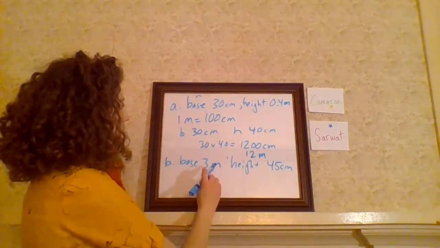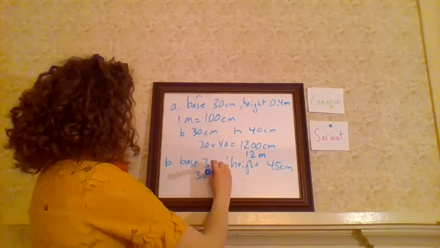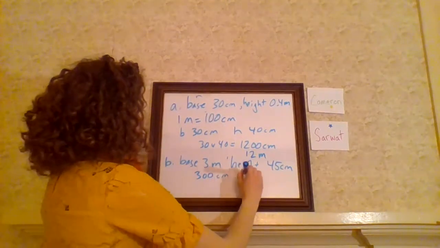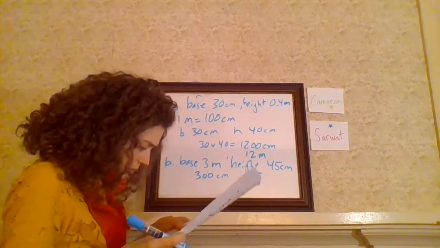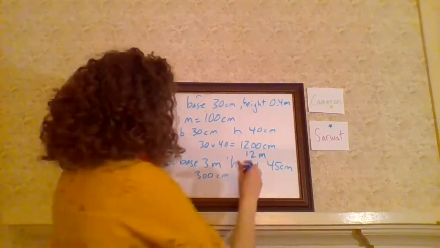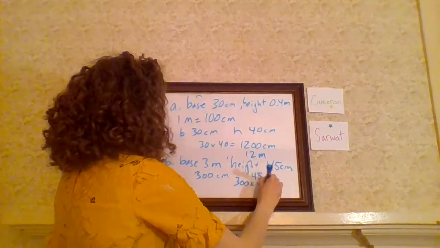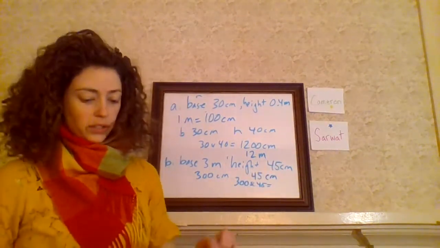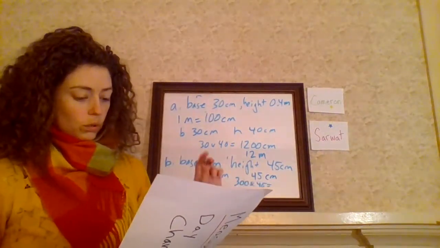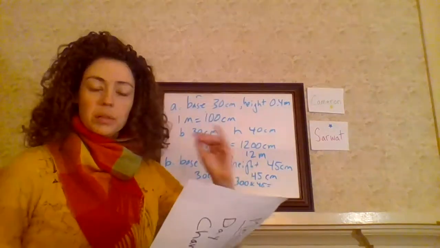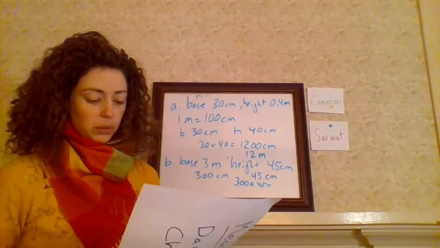There's 100 here, so 300 centimeters and 45 centimeters. Then we would multiply those and get our answer. And feel free to use a calculator for any of these questions in your book. Remember, the area of a parallelogram is base times height, and just make sure that you're using the same unit for both numbers.